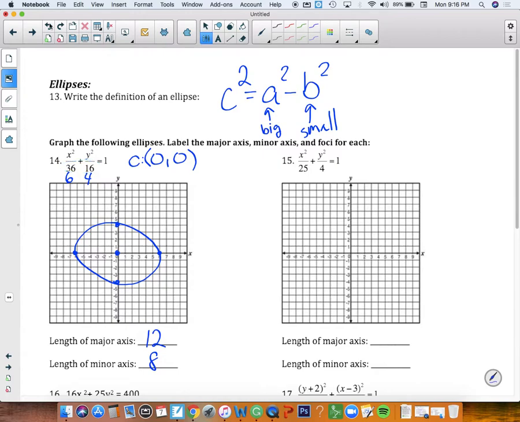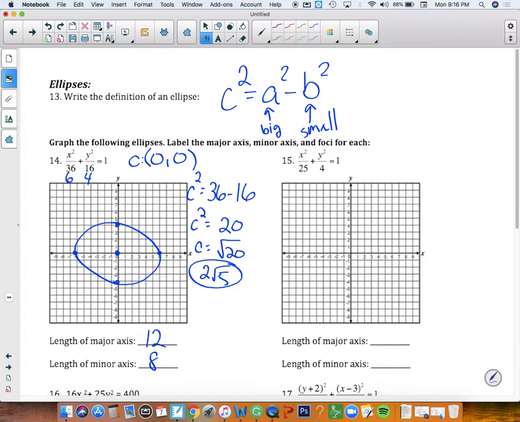So I'm going to take 36 minus 16. So I get c squared is 20. I need c, which is the square root of 20. And if I reduce that, it is 2 square root 5. Okay? So you can put that in your calculator to figure out how far it actually is. It's in between 4 and 5.